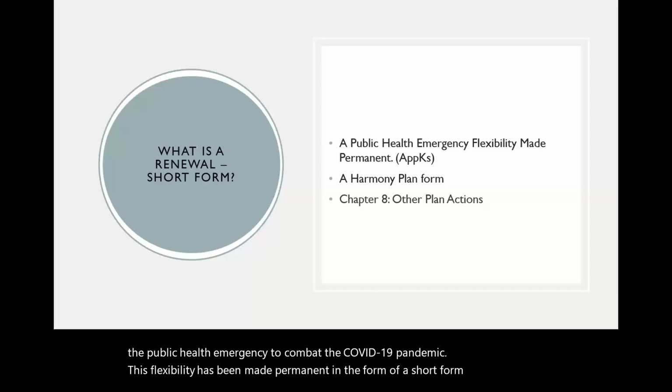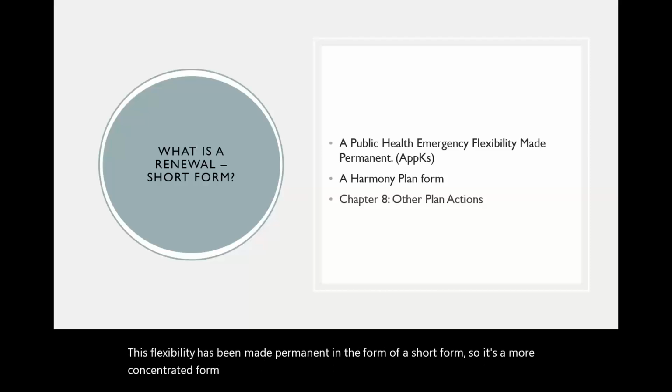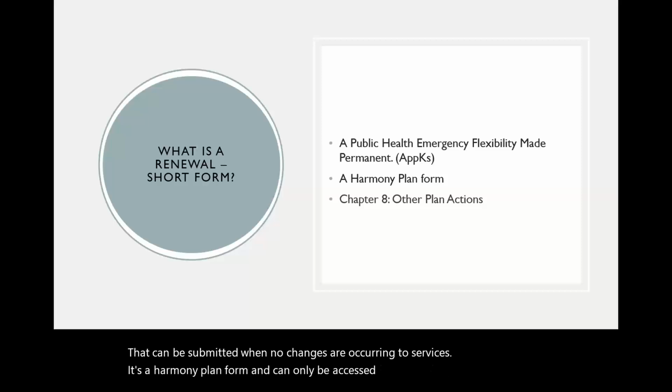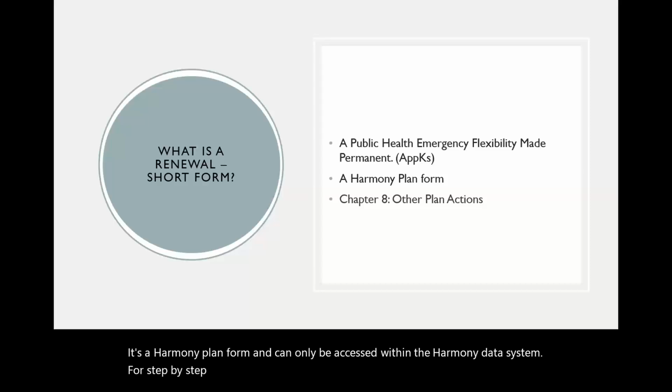It's a more concentrated, more consolidated support plan that can be submitted when no changes are occurring to services. It's a Harmony plan form and can only be accessed within the Harmony data system. For step-by-step instructions, you can refer to Chapter 8 or other plan actions within the Care Coordination T24 Harmony Guide.